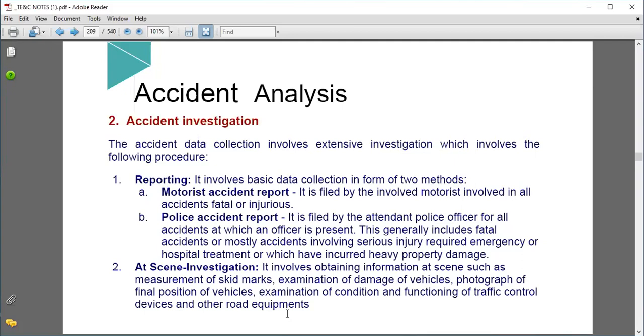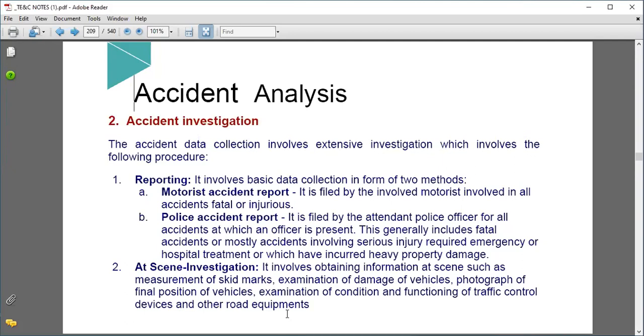So both these people can fill in the forms about the reporting. The police accident report is filled by the attendant police officer for all accidents at which an officer is present.